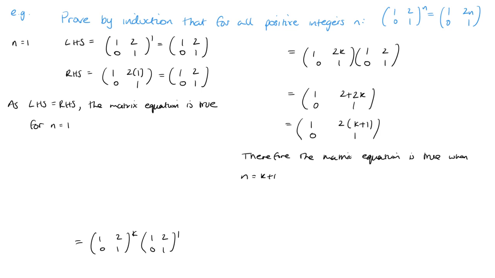All that's left now is for the conclusion. And there we have it. So if the matrix equation is true for n equals k, then it's been shown true for n equals k plus 1. As the matrix equation is true for n equals 1, it is also true for all positive integers of n by mathematical induction.